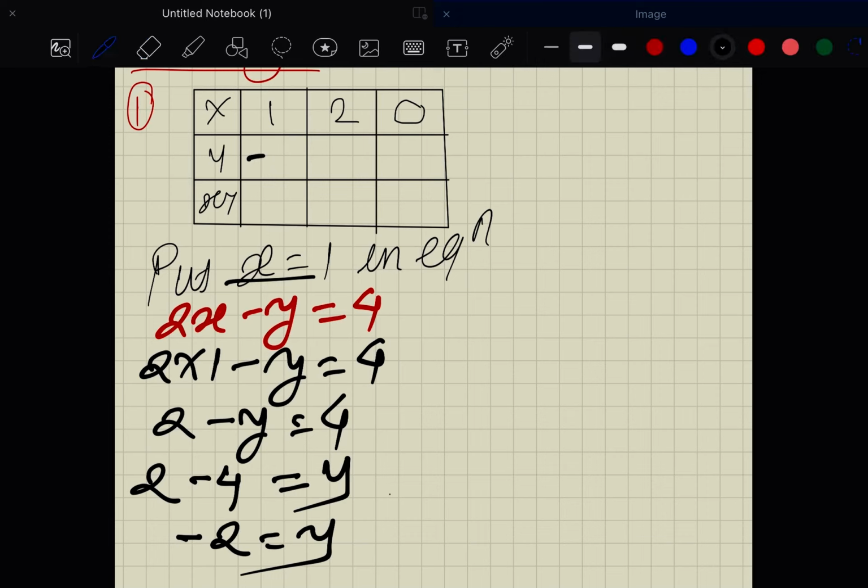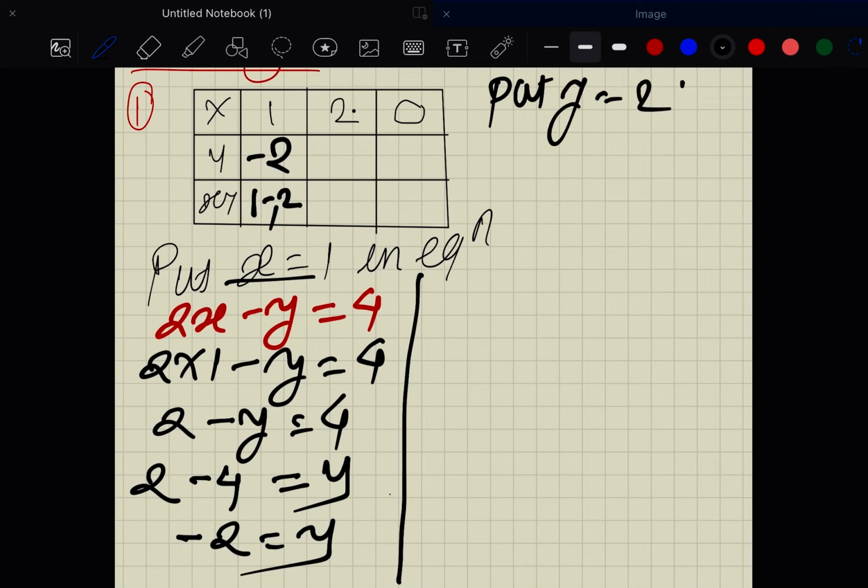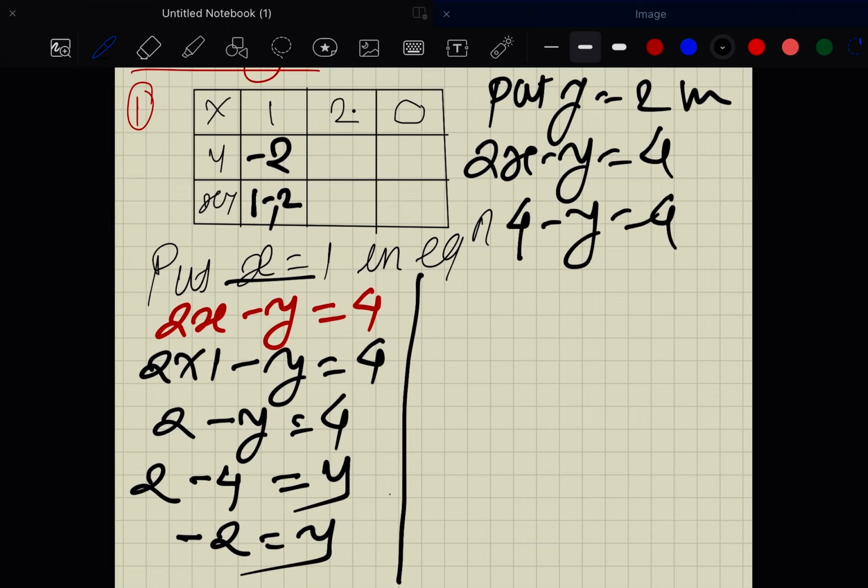So we get the first term, y is equal to minus 2. Now what is the second condition? Put y is equal to 2 in equation 2x minus y is equal to 4. Similarly, just like the previous one, 2 into 2, 2 2s are 4, minus y equals 4.